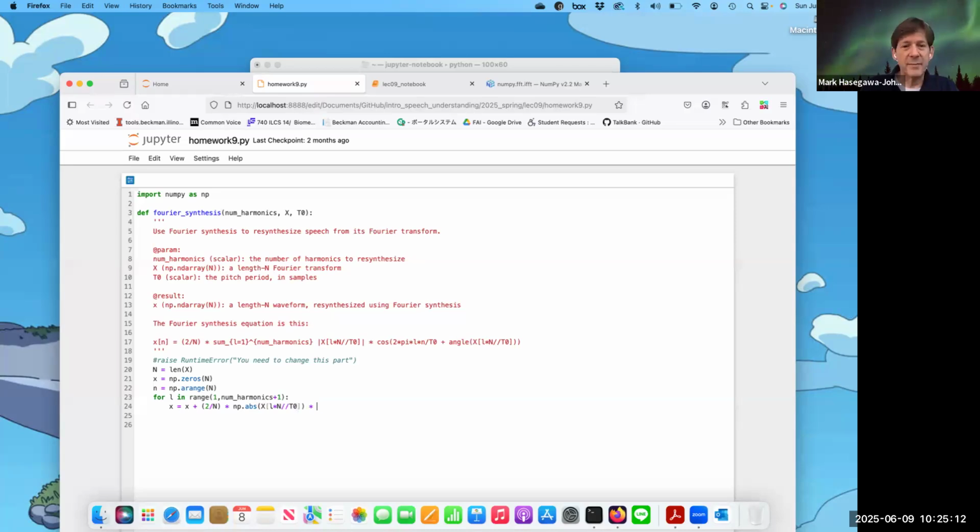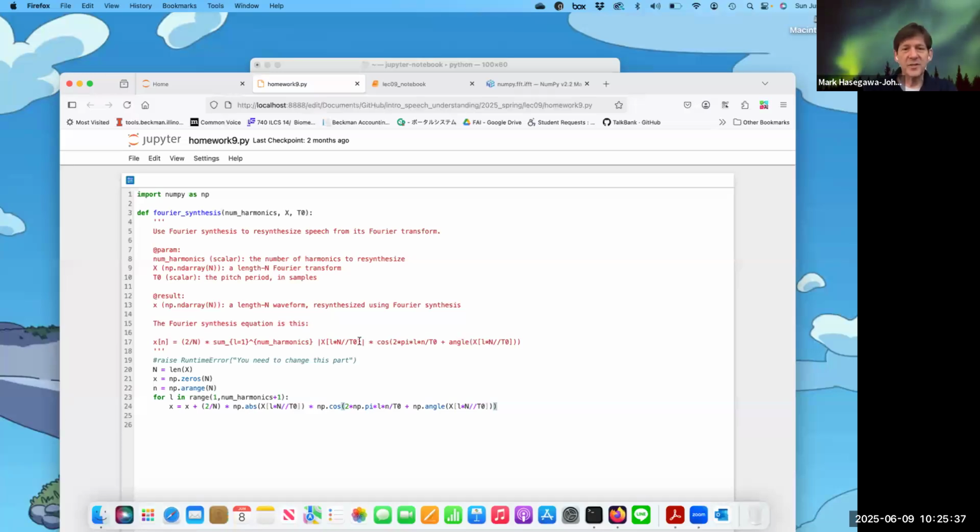And I want to multiply that by the cosine of 2 times pi times L times n over T naught plus the angle of the Fourier transform at L times capital N over T naught. All right. Oh, I want to close the cosine.